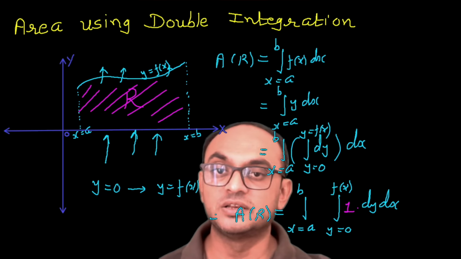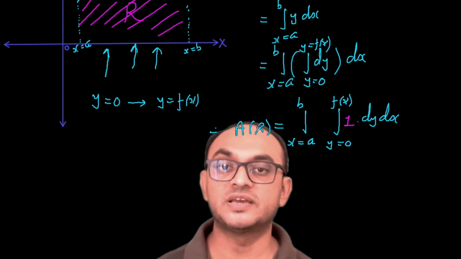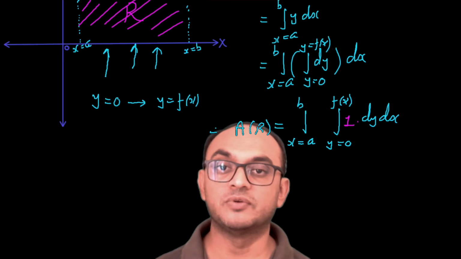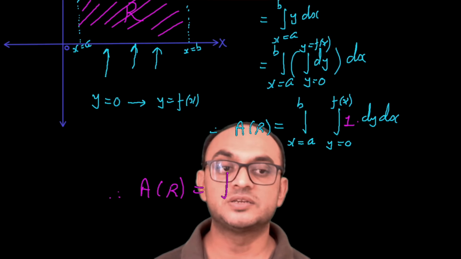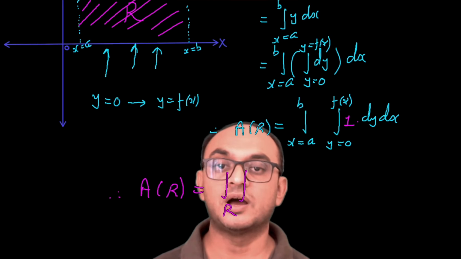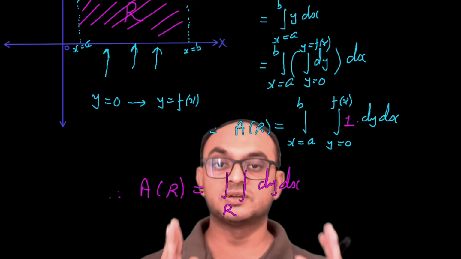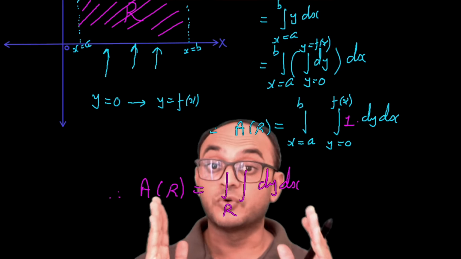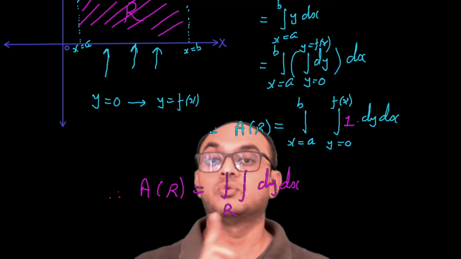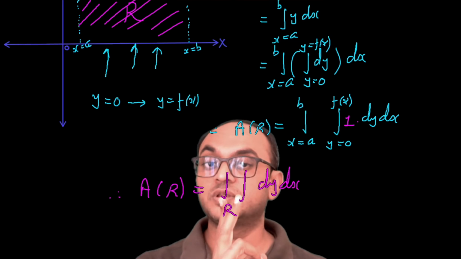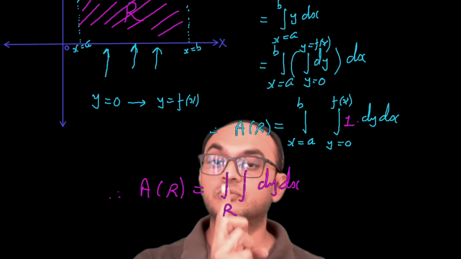So in general you can say that, suppose I have given any region R, then the area of the region R is nothing but the double integration over R of dy dx. So this is the simple formula for the area of the region R. You only need to write down the limits.